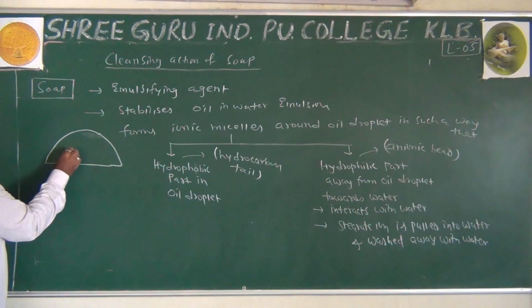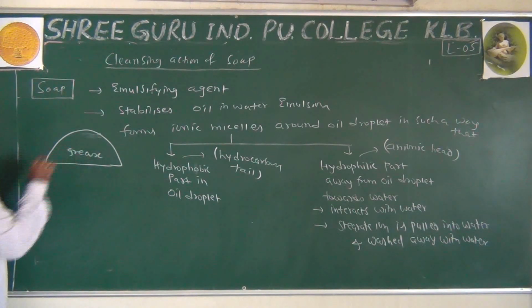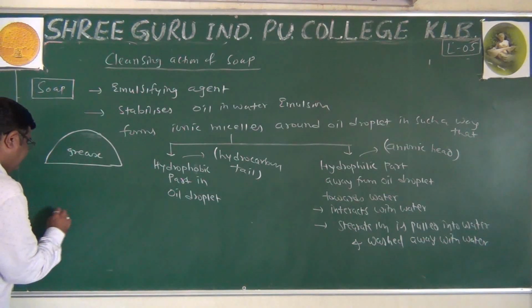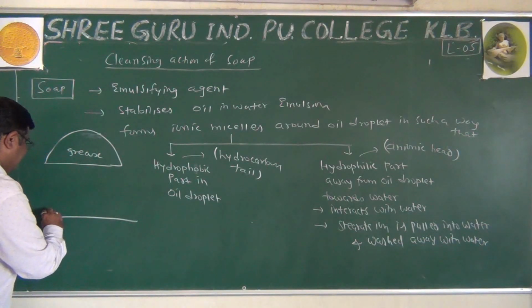So this is the grease, meaning oil, and this is the stain on the cloth surface. Look at the second diagram.